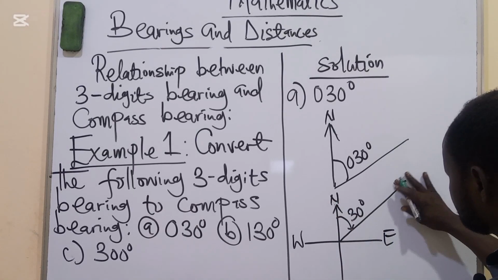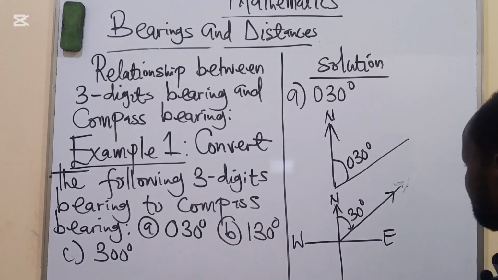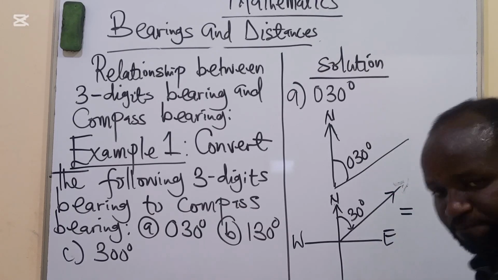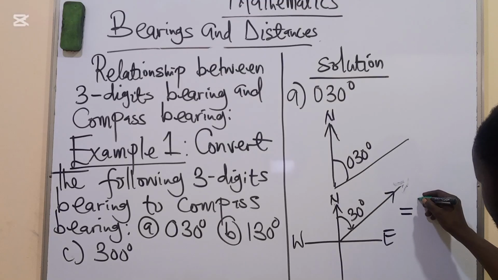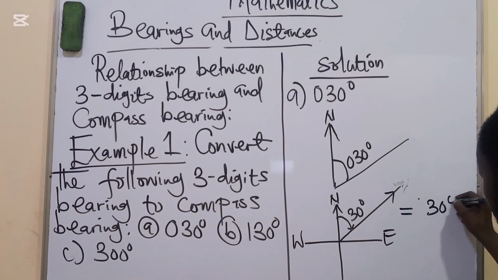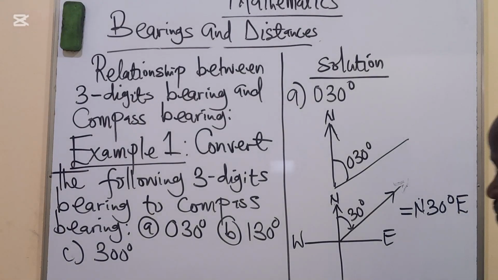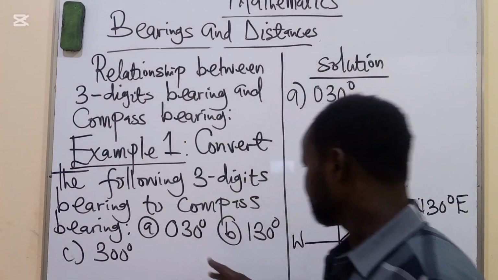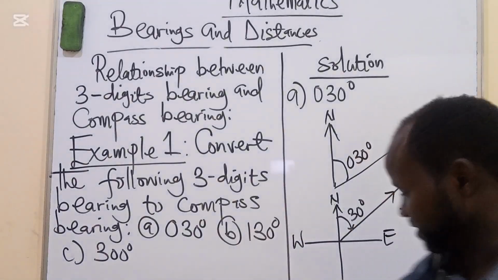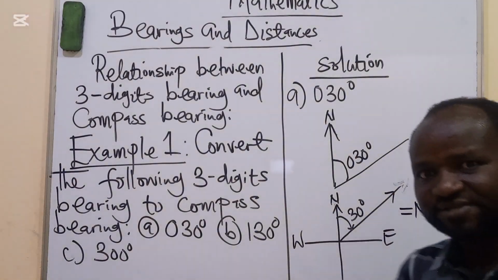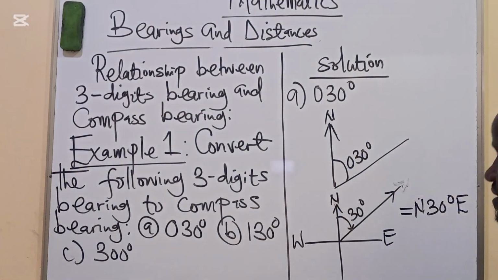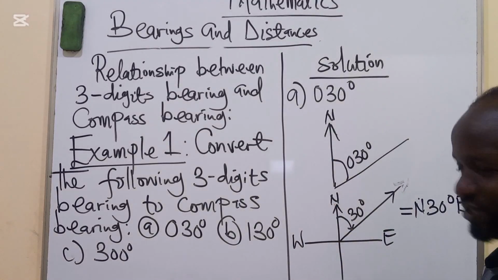Between north and east. So this will now be 30 degrees northeast. So 030 degrees in compass bearing is nothing but 30 degrees northeast. Very important. So this will be the solution to A.